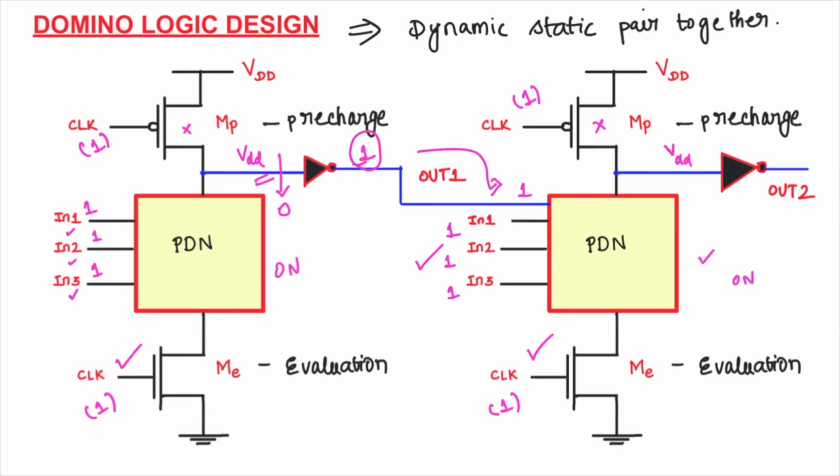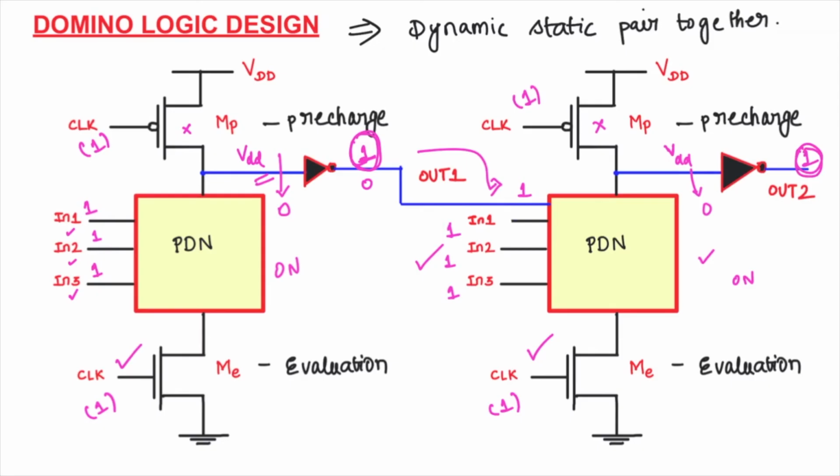It has not discharged while the first stage transition is going on, because previously the output of the inverter was 0 here. So the second dynamic logic was in off condition. Now only it has turned 1, and after this 1 has reached here, this will try to discharge to 0, and the output of the second inverter will also remain 1. So at this stage the outputs of both the inverters will remain 1.